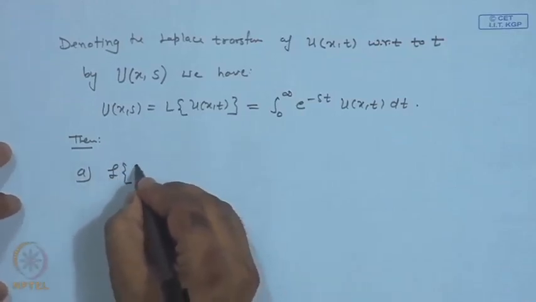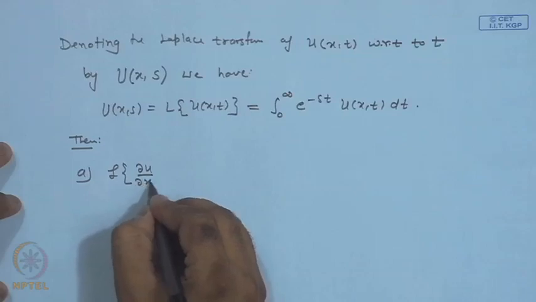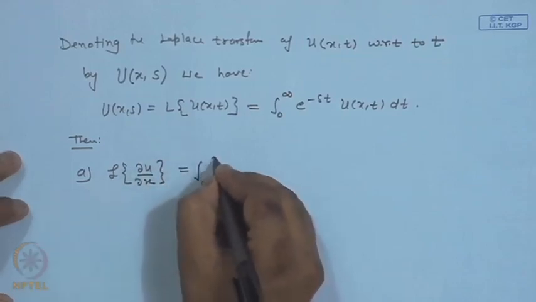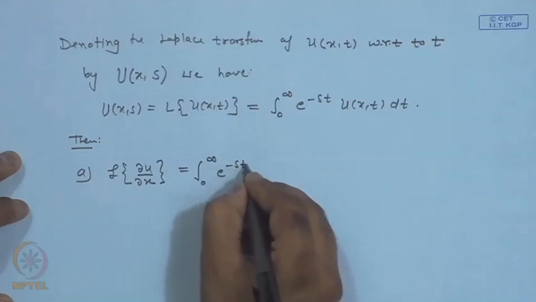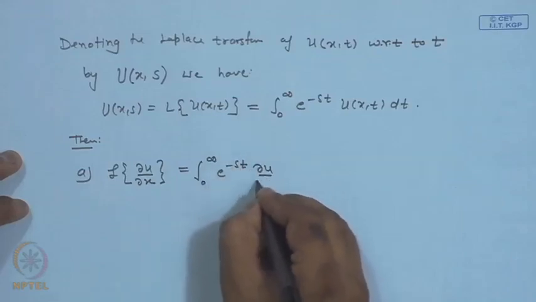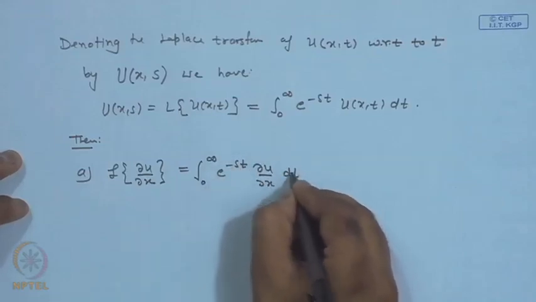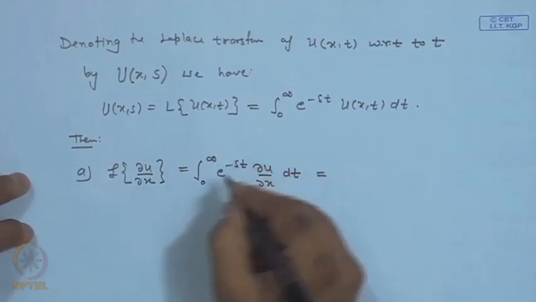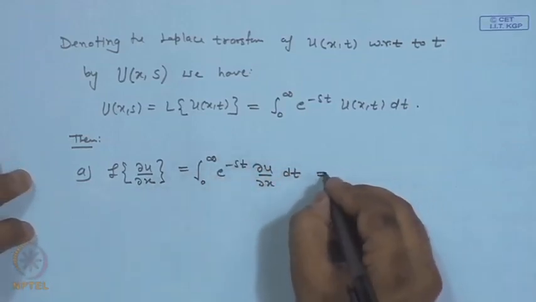So, we have the Laplace transform of del u over del x, which is the integral from 0 to infinity of e^(-st) del u over del x dt, and we assume that differentiation under the integral sign is valid here.